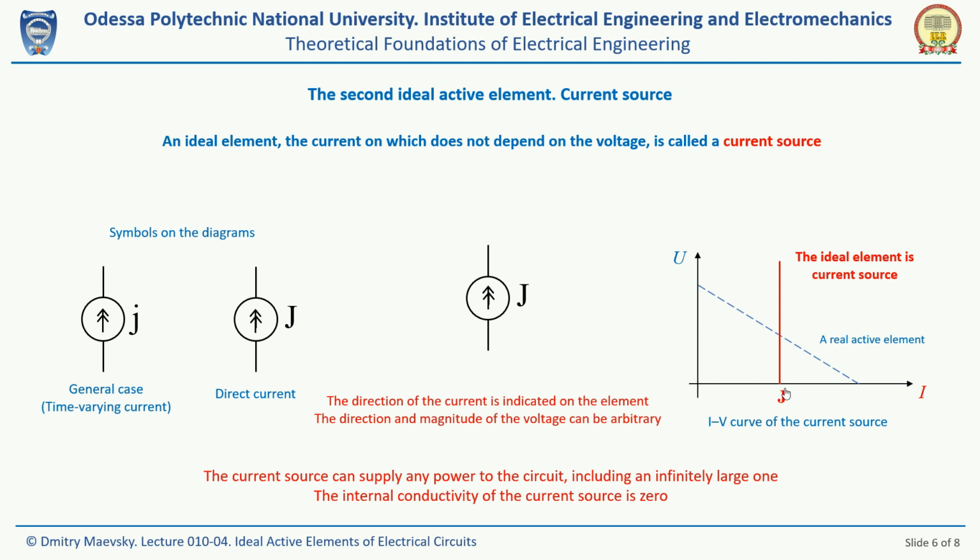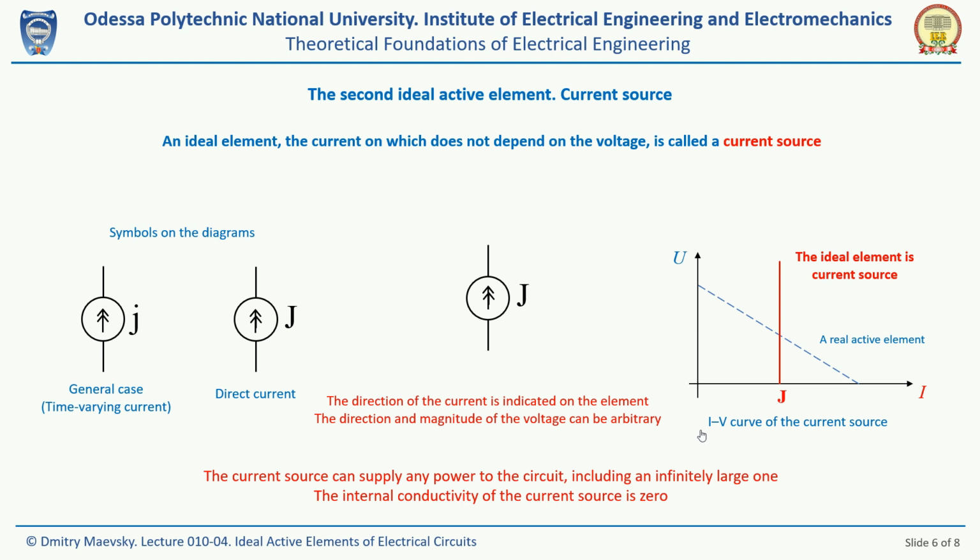In turn, we can say that the voltage on such a source also does not depend on its current and can have any magnitude and any direction.